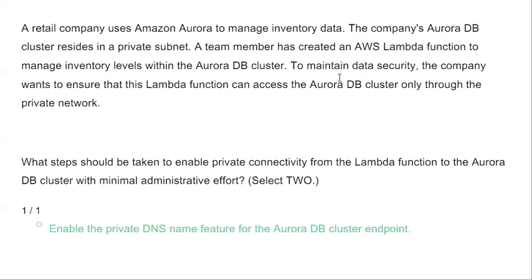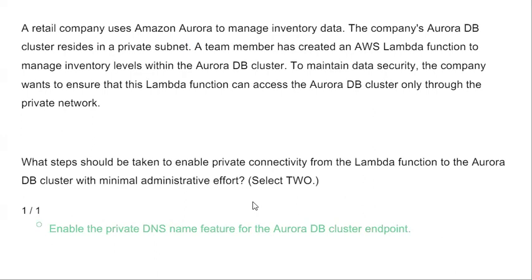To maintain data security, the company wants to ensure that the Lambda function can access the Aurora database cluster only through a private network. So what steps should be taken to enable private connectivity for the Lambda function to the Aurora DB cluster with minimal administrative effort?